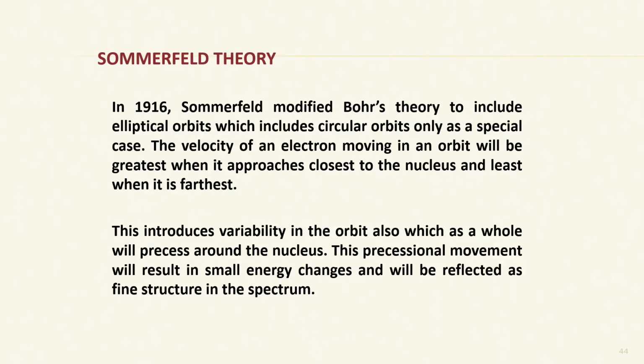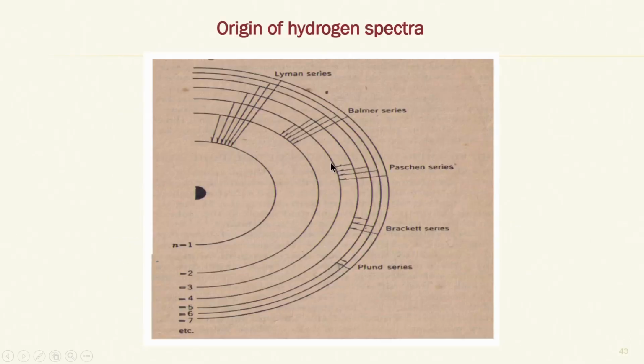In Sommerfeld's theory there was a slight improvement over Bohr's theory, in that he modified it to include elliptical orbits instead of circular orbits. See this slide, we have shown all the orbits as circular.